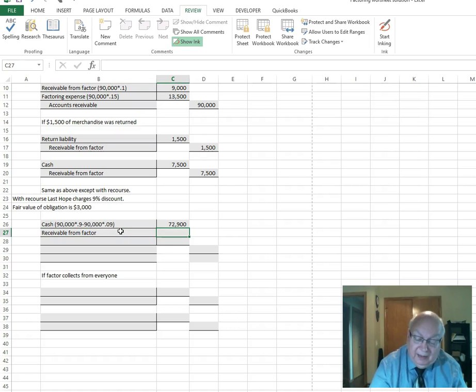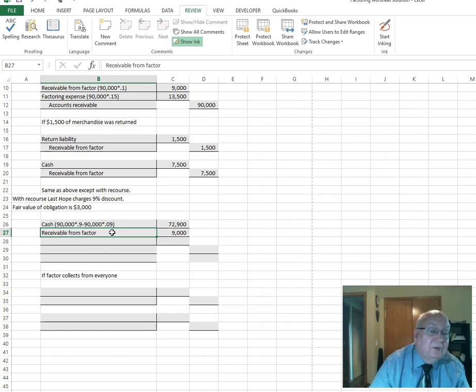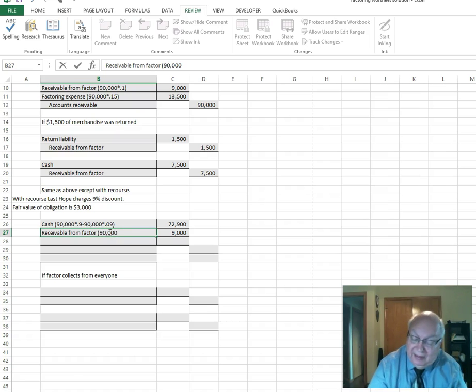And that will again be the 90,000 times 0.1 with the equal sign. So that hasn't changed anything. That's still going to be the same as it was before. 90,000 times the 10%.